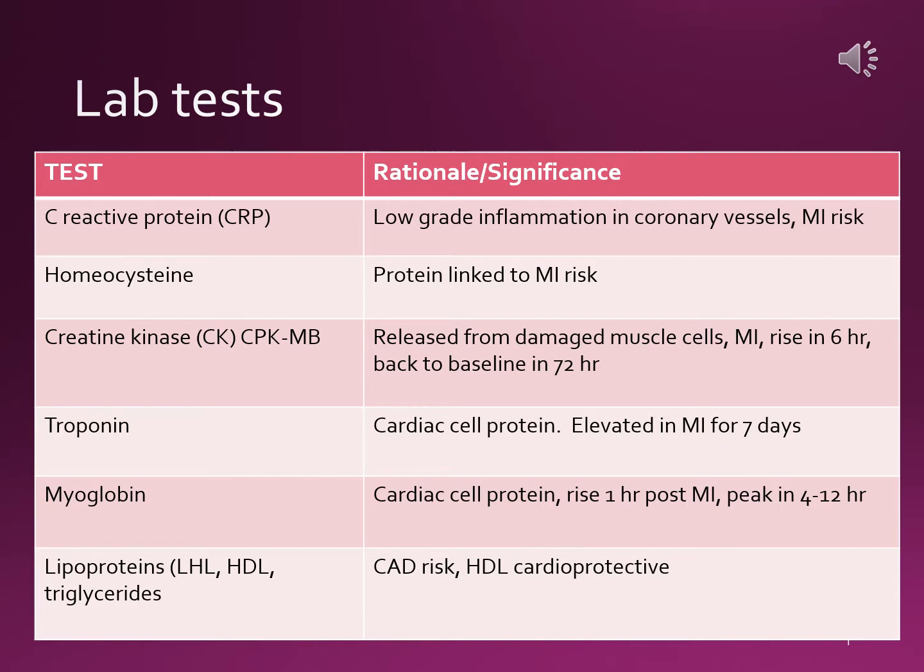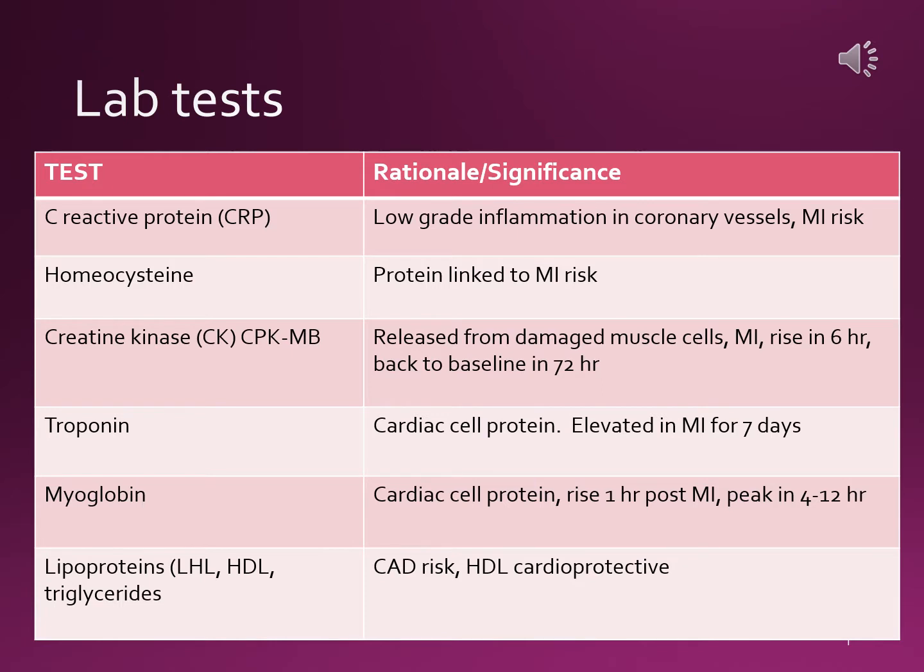Troponin is a cardiac cell protein. They call it a cell marker. It can be elevated in a myocardial infarction within a few hours. Some people say 2. Most of the time it's between, I think, 3 and 6. It depends on what lab you use, but it can remain elevated for 7 days after the damage.